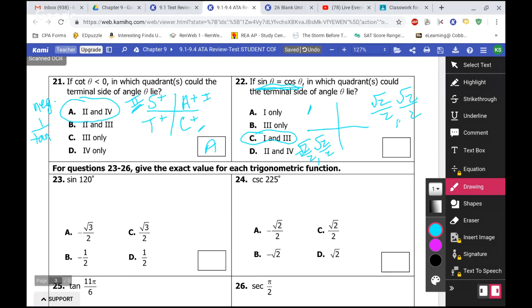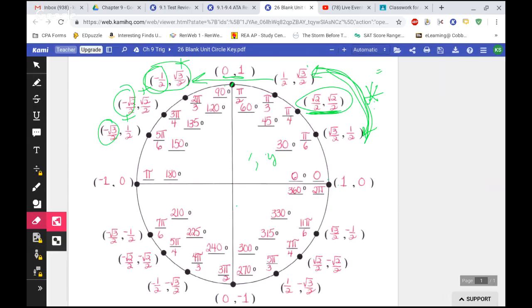Because up here, cosine and sine, one is positive, one is negative. And down here, one is positive, one is negative. Look over here. Can you see me? I can. Okay.